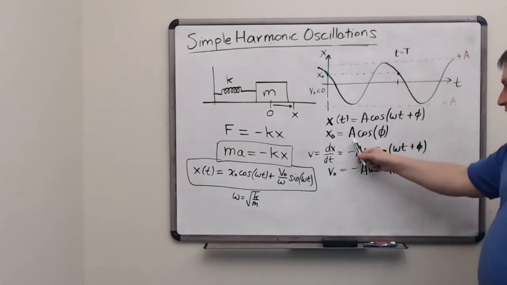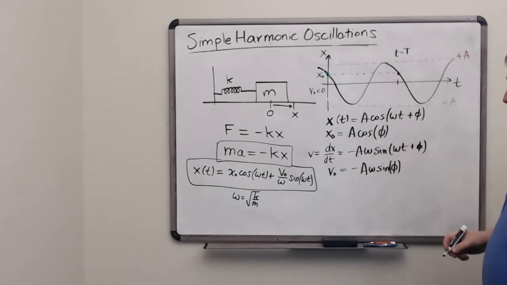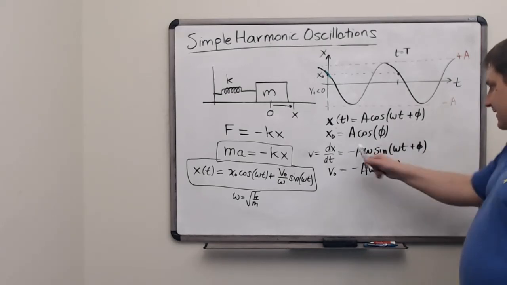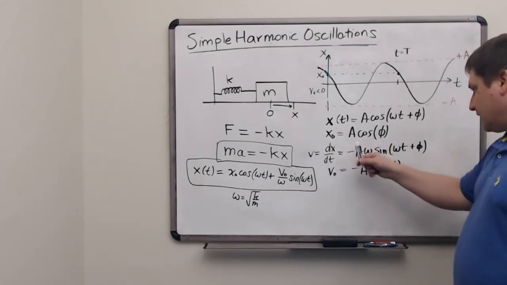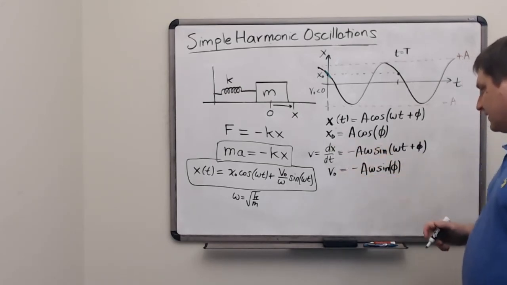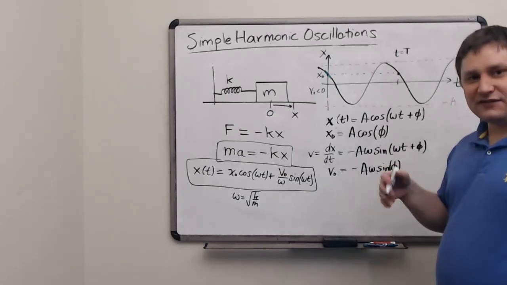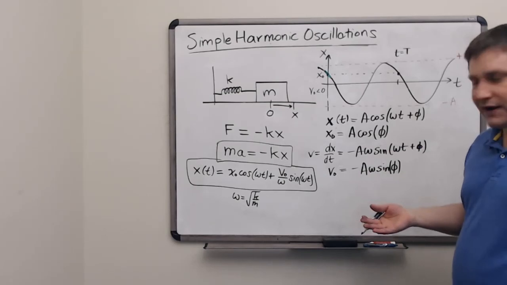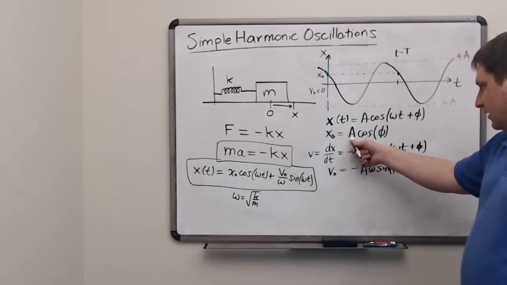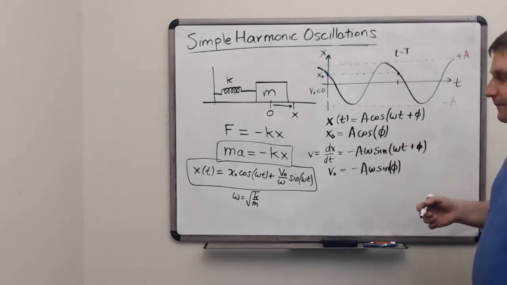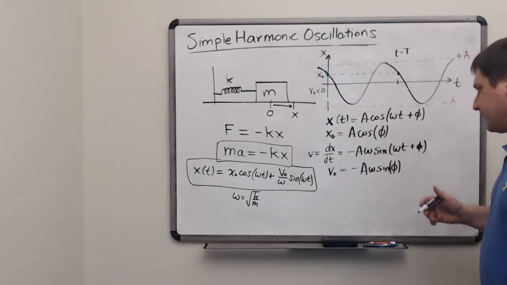But how can we choose the right a and right phi to get the right initial position and the right initial velocity? Well, the trick here is that this set of equations, the x0 and the v0 equation, are the same as a transformation of polar to rectangular coordinates. It's like a radius value, r, times a cosine or a sine of an angle. So we can solve these in a similar way.